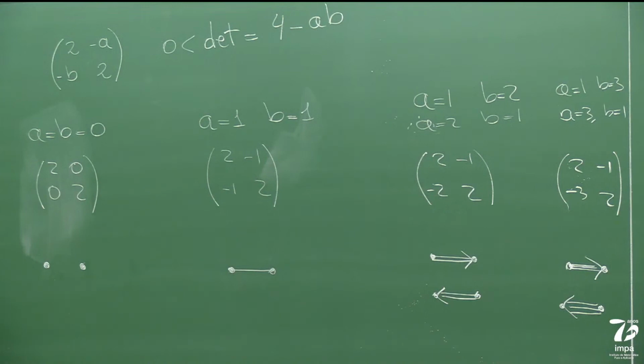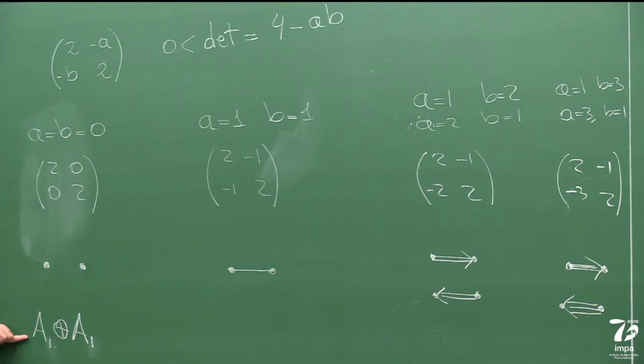And the question is, do they come from a root system? And yes, they do. The root system for this guy is A1 plus A1. SL2 plus SL2 is a Lie algebra that gives rise to that root system.